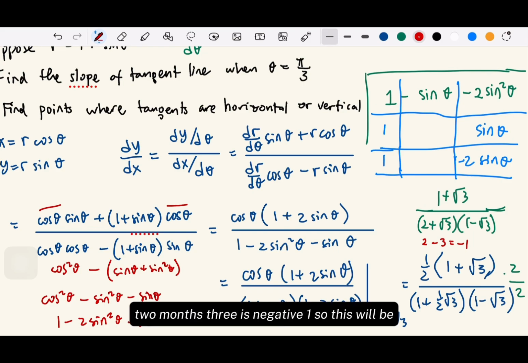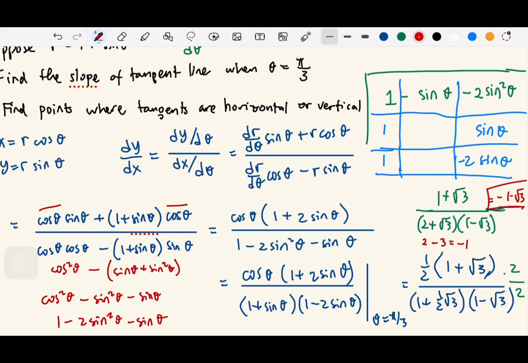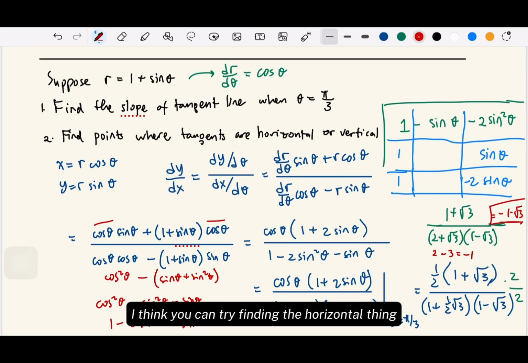Two minus 3 is negative 1, so this will be negative 1, negative square root of 3. Okay. That's the slope. I think you can try finding the horizontal tangent and the vertical tangent.